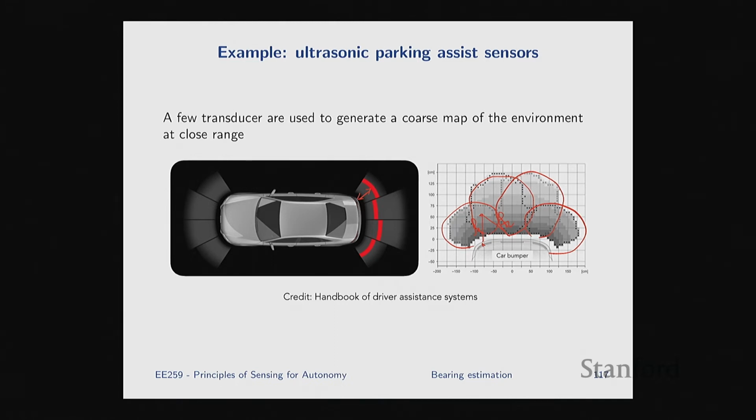Cameras are not great at very close range because of the physical limitations of how you can place them around the car. So ultrasonic sensors are very good for this. It's an application that is a great fit for ultrasound because you need close range sensing.